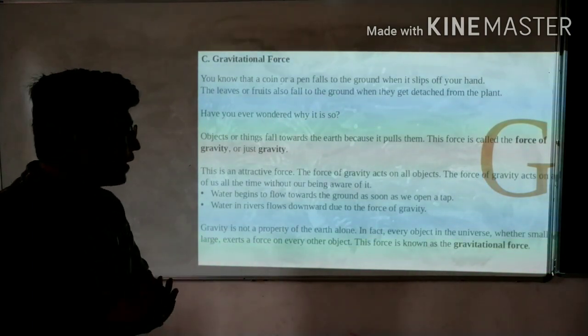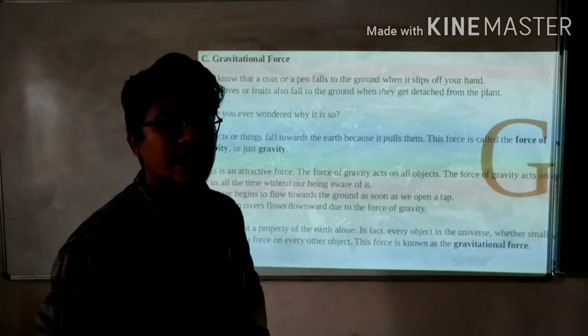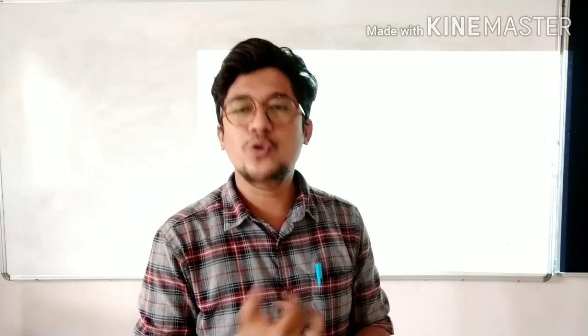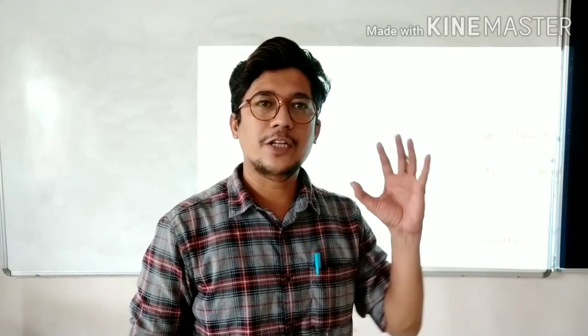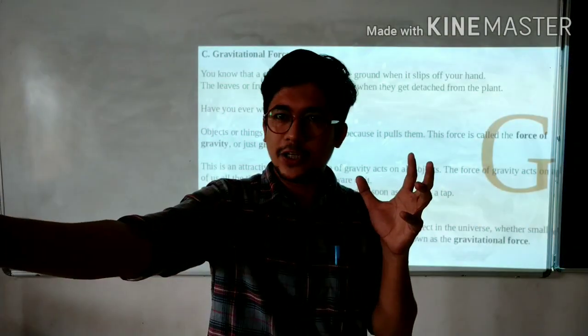Gravity is not a property of the Earth alone. It is not the case that only our Earth has gravity. The Moon has gravity, Jupiter also has gravity. Jupiter's gravity is so high that we have been saved for billions of years from asteroids. Why is it so? Because when an asteroid comes into Earth's orbit, Jupiter pulls that asteroid towards itself to save Earth.